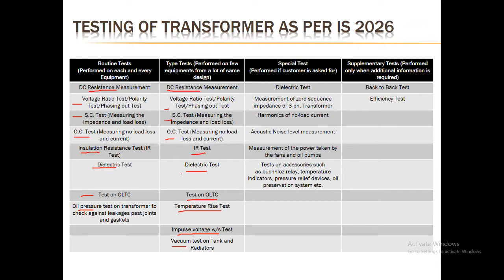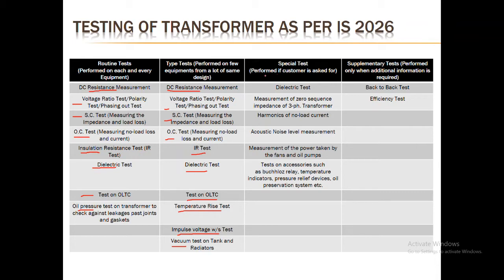These are the type tests which you have to perform on a sample piece of transformer from a lot of transformers of the same design. It is not required to conduct the test on each and every piece when you are conducting either the temperature rise test, impulse voltage withstand test or the vacuum test.